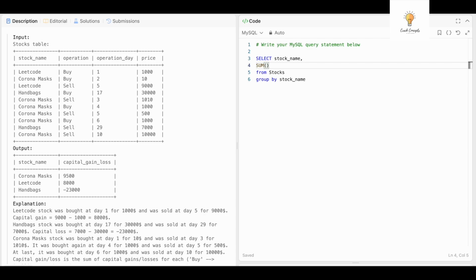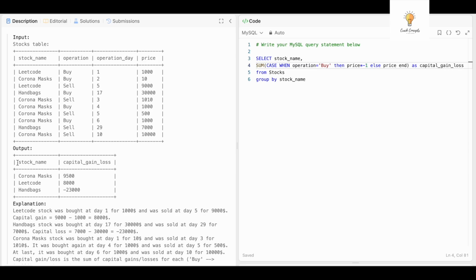Whenever there are different scenarios and we need to write different calculations according to those scenarios, we use a case statement. Case when operation is equal to buy, then price into -1, else just price, and we will end it, and we will call this capital gain loss.